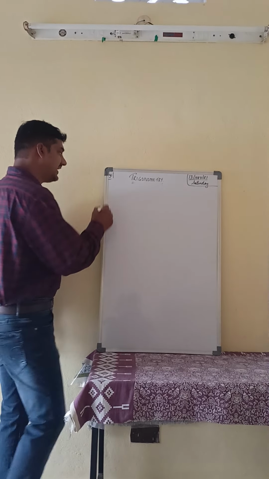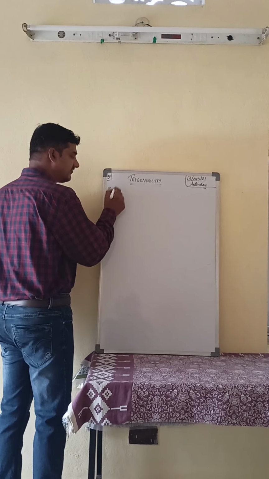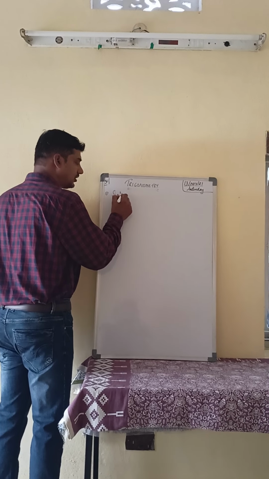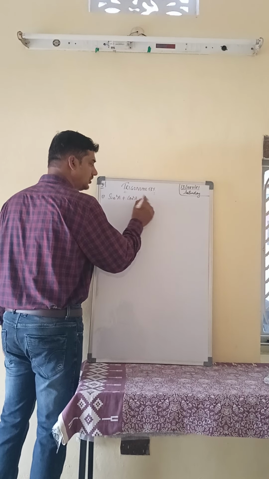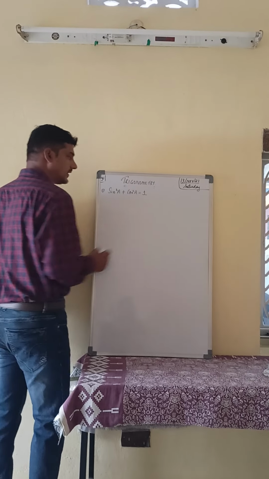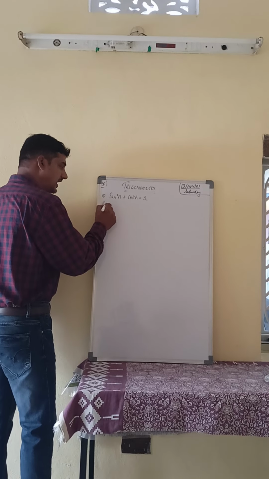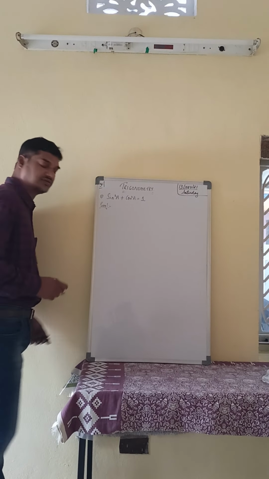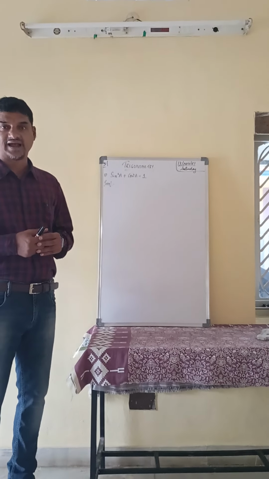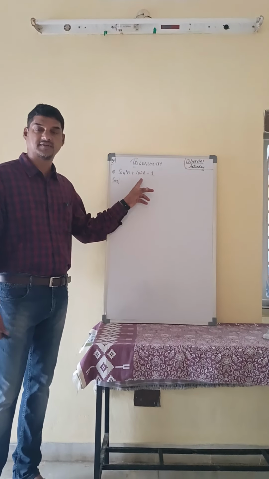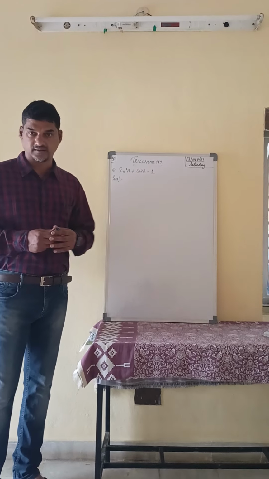Here we have three identities. The first identity is sin square A plus cos square A is equal to 1. We will discuss how we are going to prove this. That is the proof of the first trigonometric identity, sin square A plus cos square A is equal to 1.